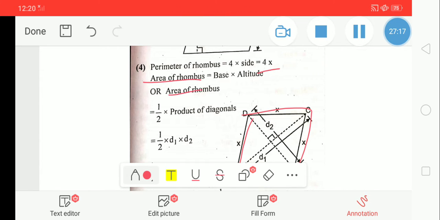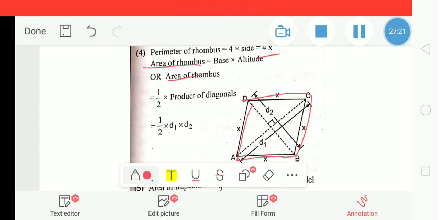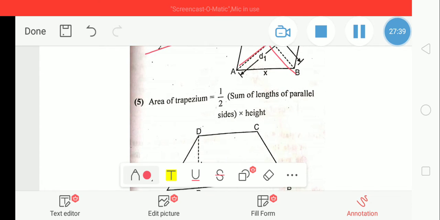And the area of a rhombus is also equal to half of the product of the diagonals, that is half of d1 multiplied by d2. So that gives the area of a rhombus.